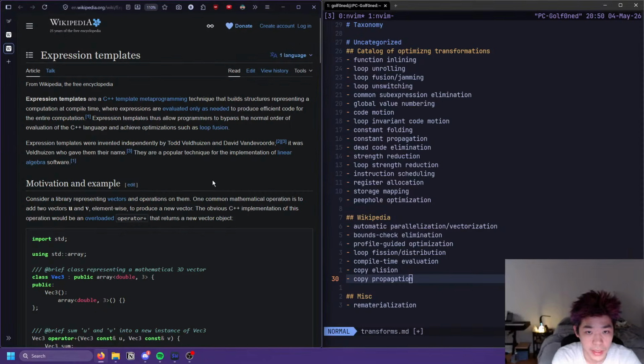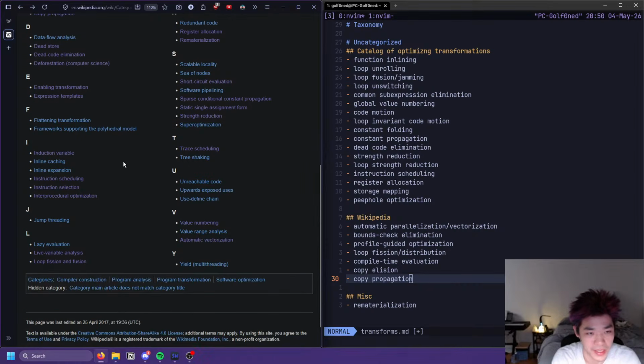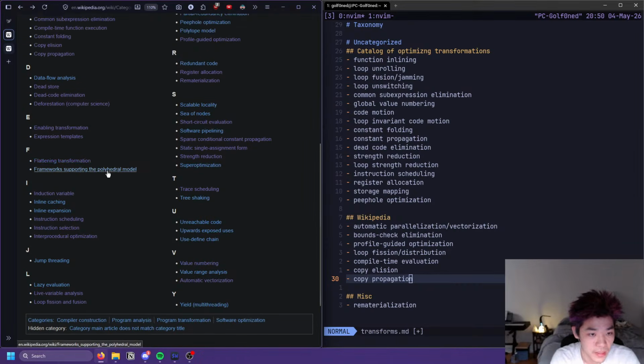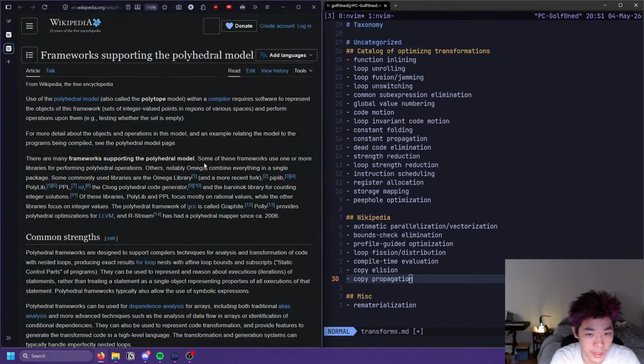Expression templates. Okay. Yeah, we're not gonna look at that. Yeah, floats are very annoying to work with. Floating point is the source of much evil. Okay, we don't care about this as much. Polyhedral model, what are we doing?